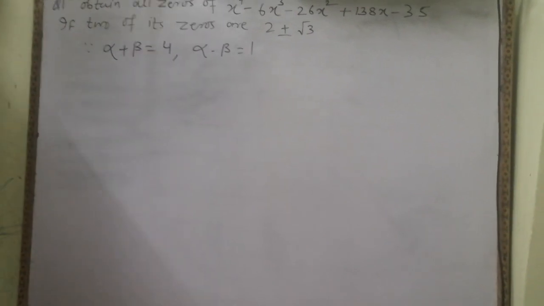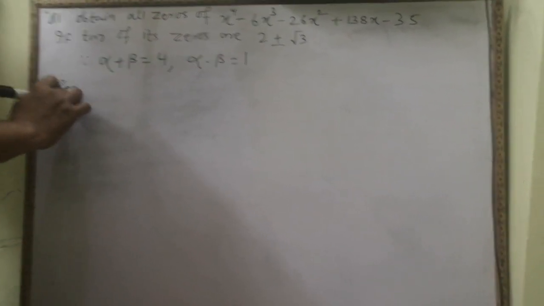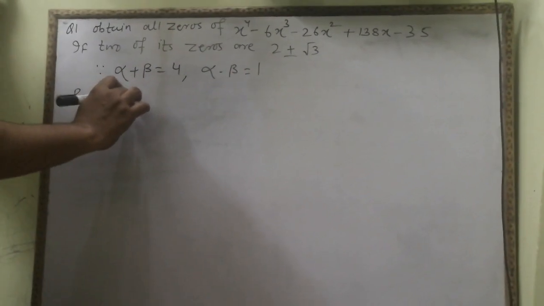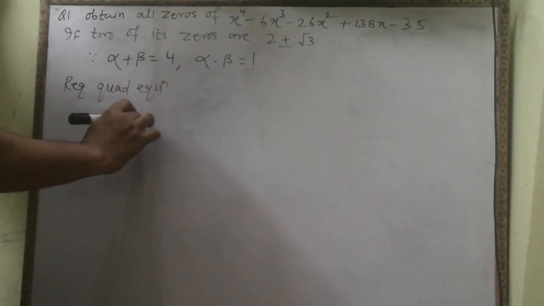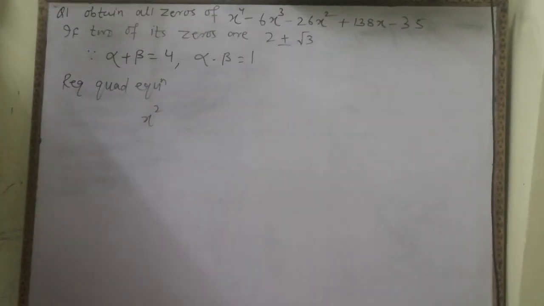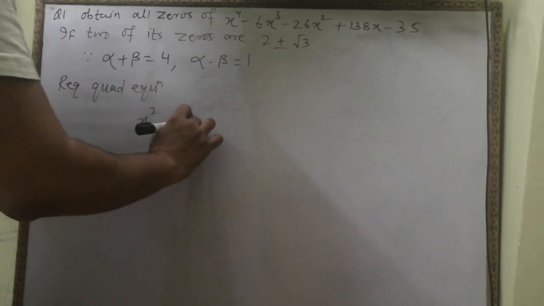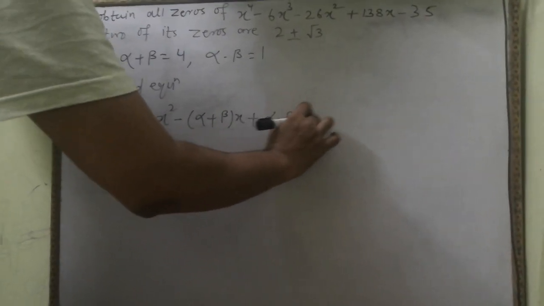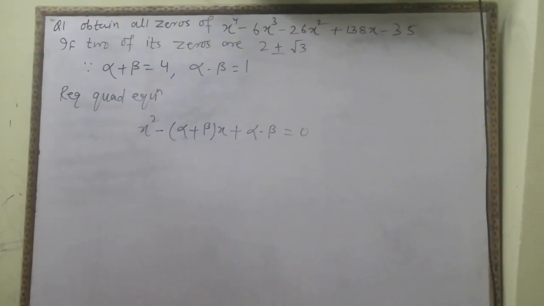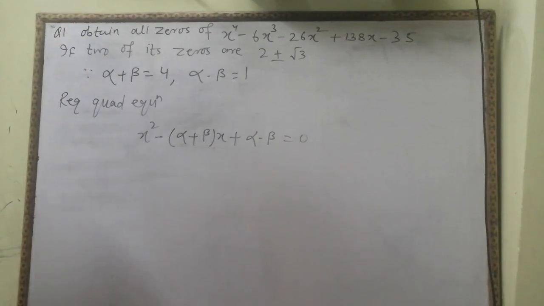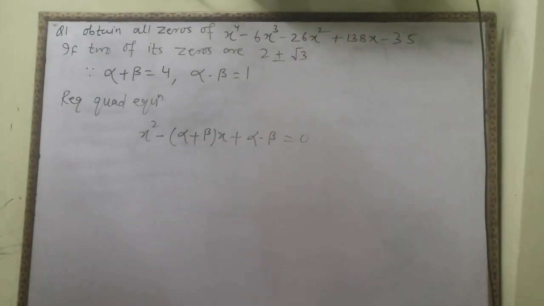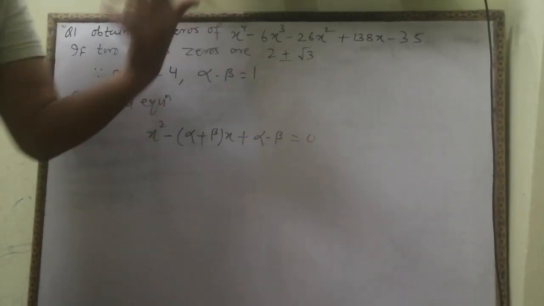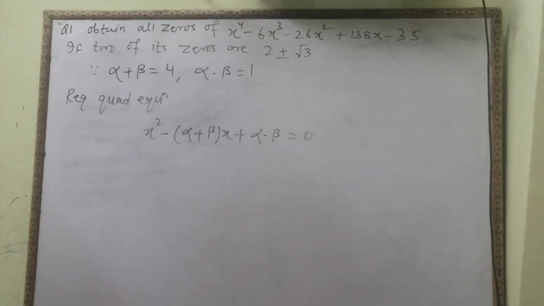First write the required quadratic equation, that is x square minus (alpha plus beta) x plus alpha into beta is equal to 0. Suppose a situation arises where you have forgotten this equation, how will you write the quadratic equation?